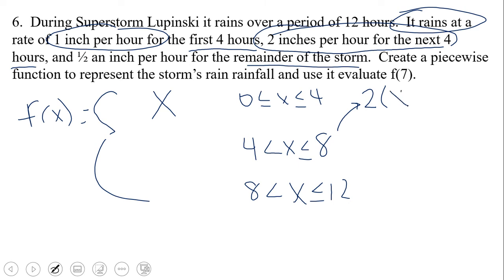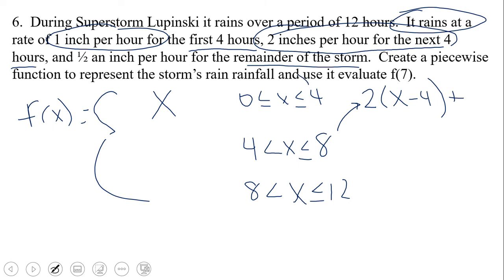So the way that you say only for the hours past hour 4 is you say x minus 4. Then you need to take into account the maximum amount of rain that already happened in the first piece. Basically, where does the first function leave off?